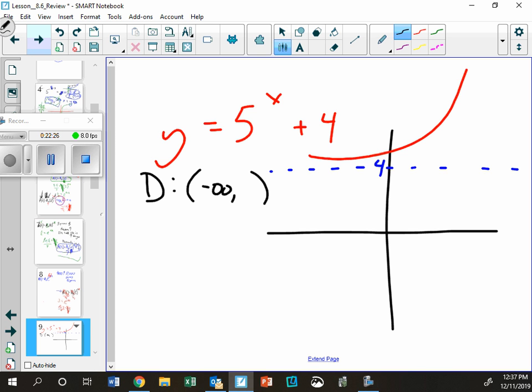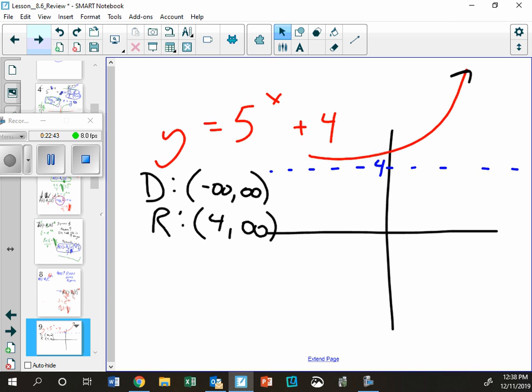To 4? You really feel like it stops at 4? Okay. So it's negative infinity to, there you go. And then the range? There you go. Okay. Now what if I said, psych, I actually didn't want that guy as a domain and range. I wanted its inverse domain and range.